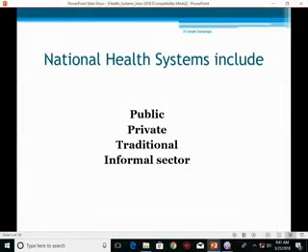We can look at those things. And the national health system, as we decided, has four basic systems within the overall national system. We have the public system, the private system, the traditional system of medicine, and then the informal sector. All provide the health services in the country.